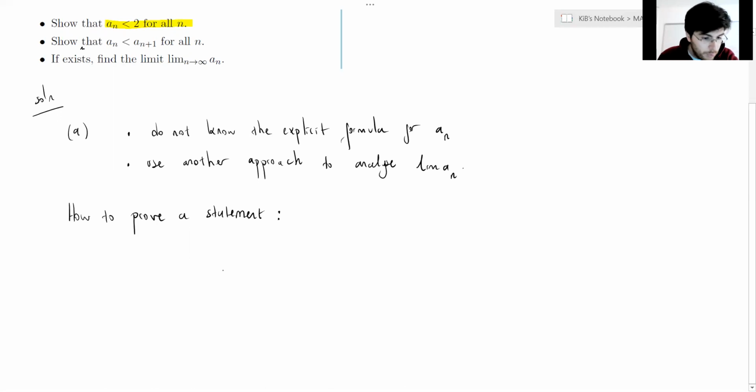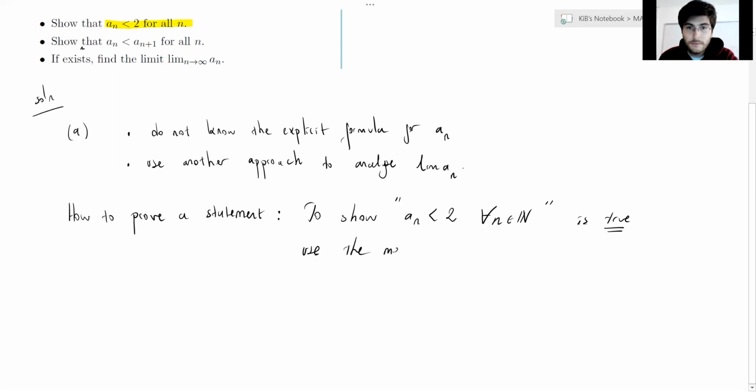So to show that this an is less than or equal to 2 for all n, so that this statement is true, we use the method of mathematical induction.